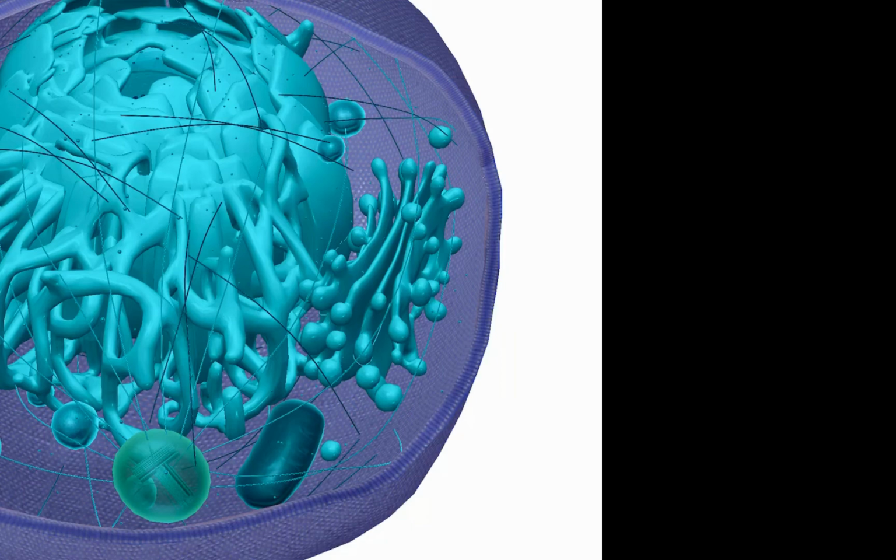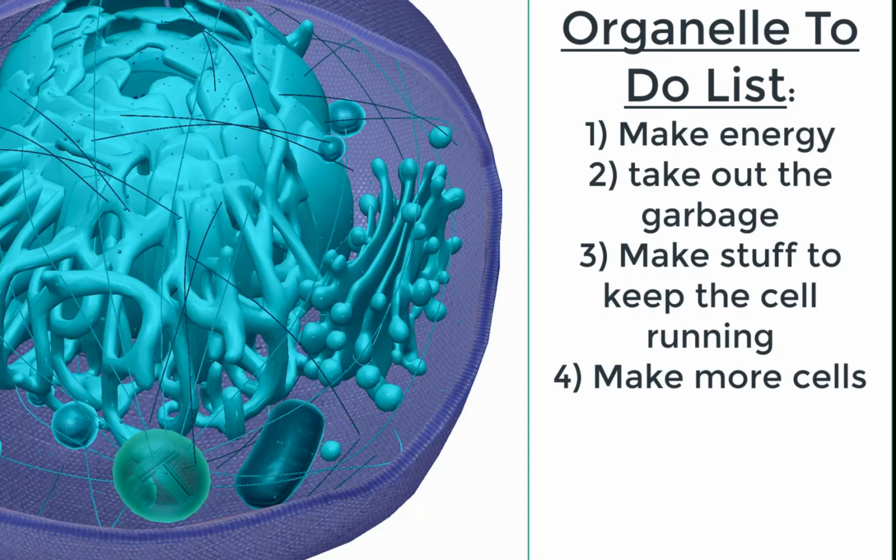And what they're going to be doing is making energy for the cell, getting rid of waste for the cell, making things that the cell needs to survive, and processing those things. And all of this is going to sort of be part of how the cell keeps alive and maintains itself. And later we're going to learn how cells divide and make more cells.